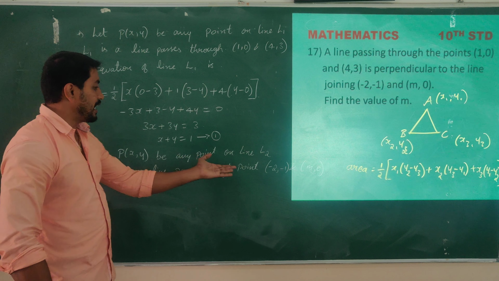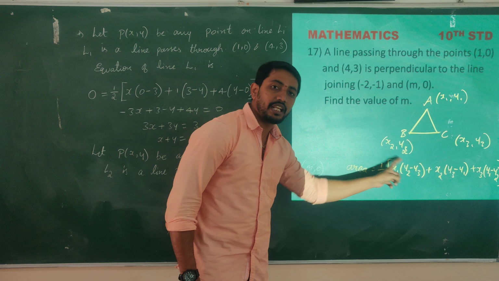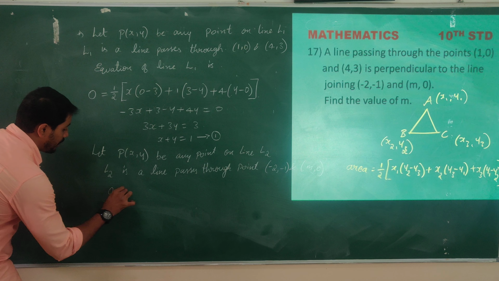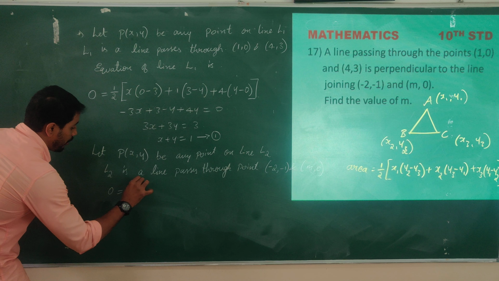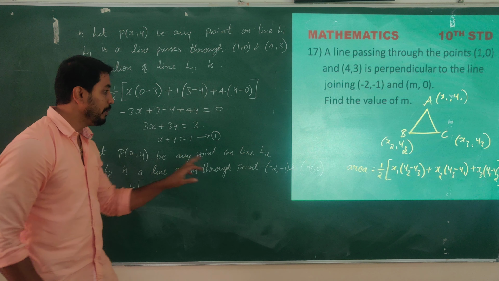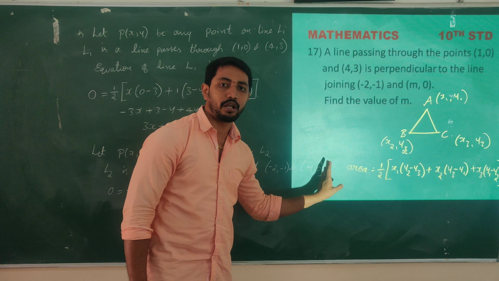Again, to find this line's equation, we use the same formula, equating the area to 0. So 0 equals 1/2 times. Once again, we consider (x1, y1) as (x, y), (x2, y2) as (-2, -1), and (x3, y3) as (m, 0).